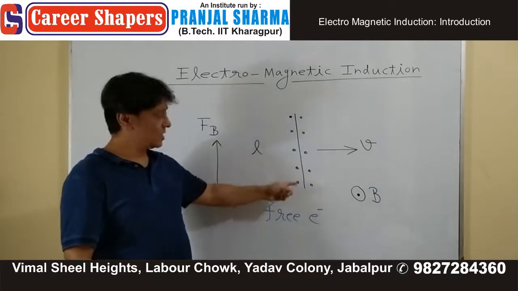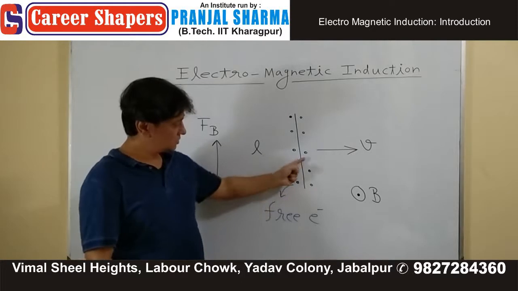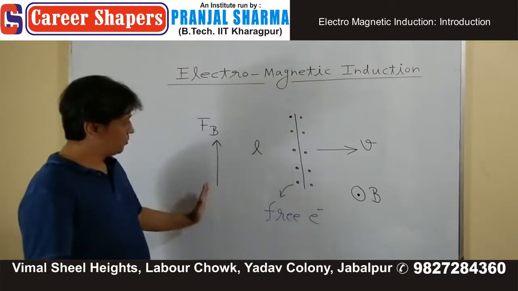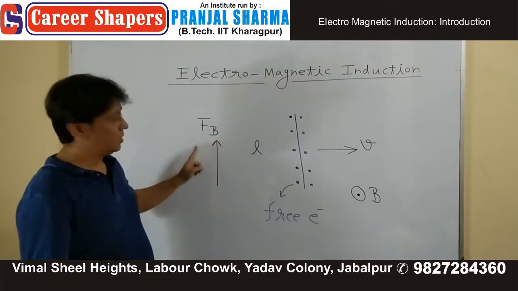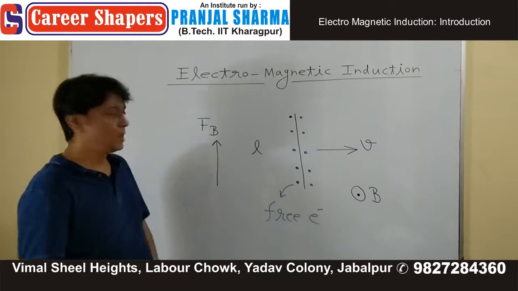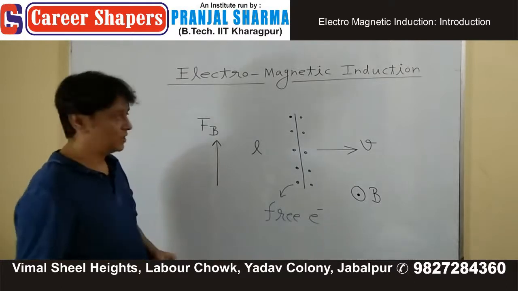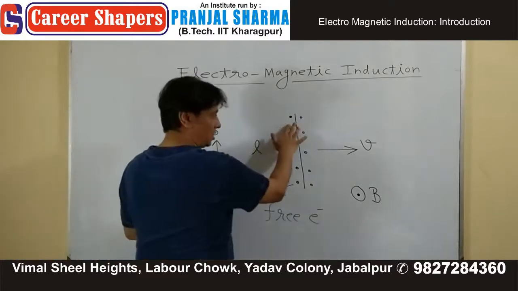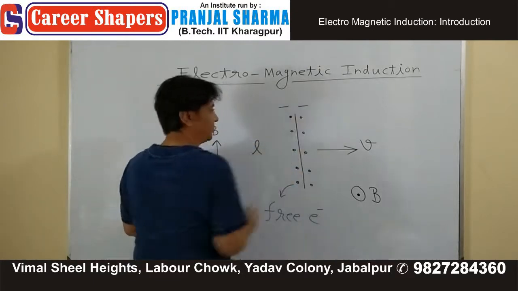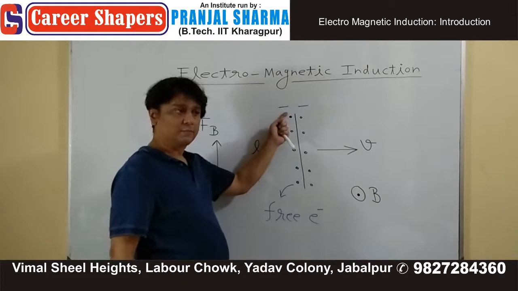Now look here, these are the electrons, and these electrons are pushed up by this force coming from a magnetic field. Now what will happen? Because of this, on this rod, negative charge will appear over here.